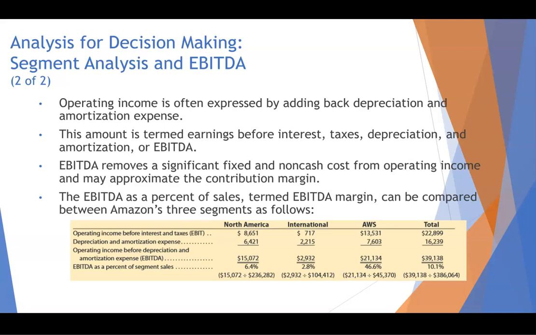Here we've got North America has an EBITDA of 6.4% of sales, where the international and AWS segments have 2.8 and 46.6. So that AWS segment's got the highest contribution margin, followed by the North America segment.